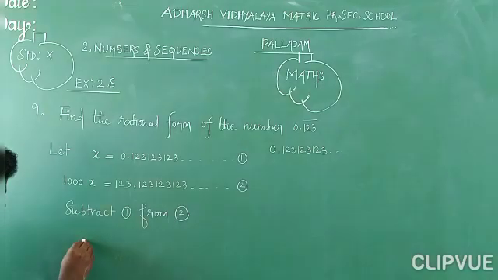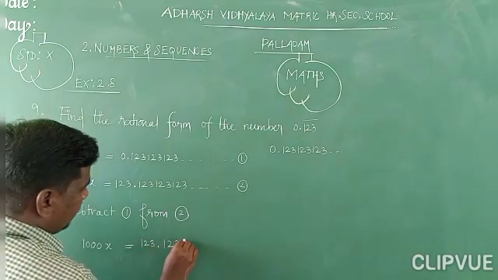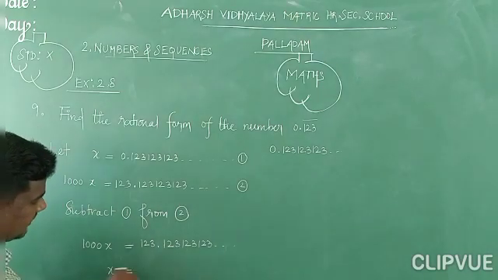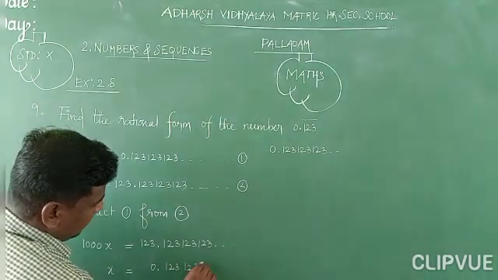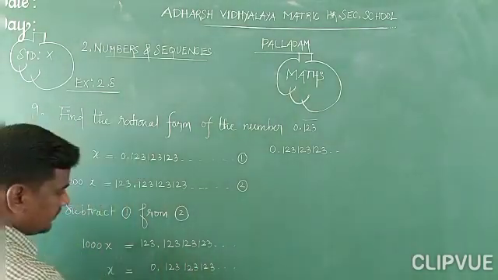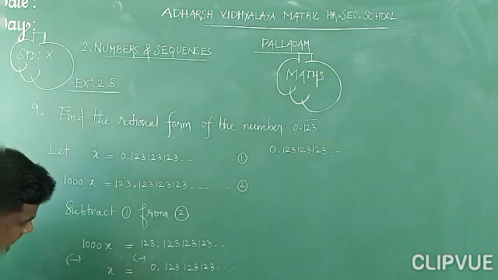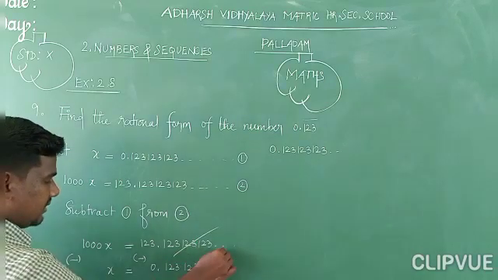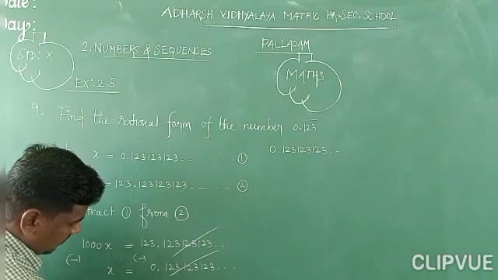So what do we get? 1000x is equal to 123.123123123 and so on. And x is equal to 0.123123123 and so on. If you subtract, 1000x minus x is 999x, and the repeating decimals will be cancelled. 123 minus 0 is 123.